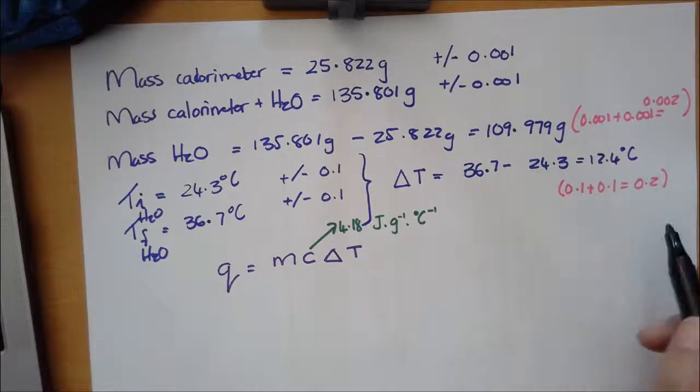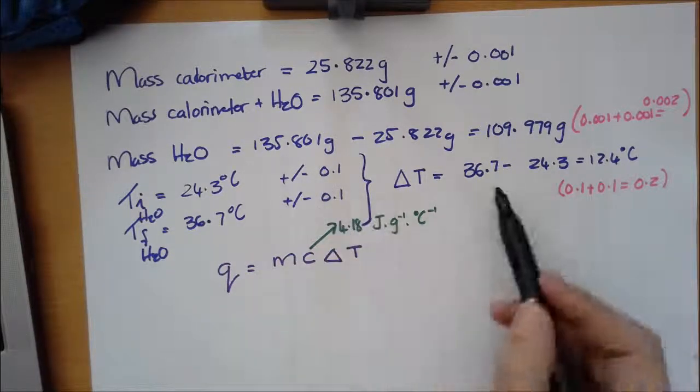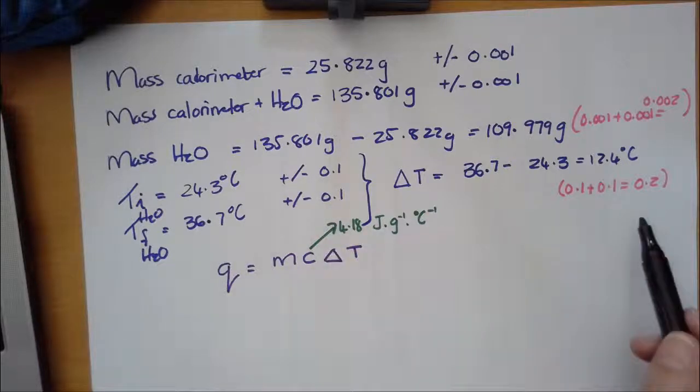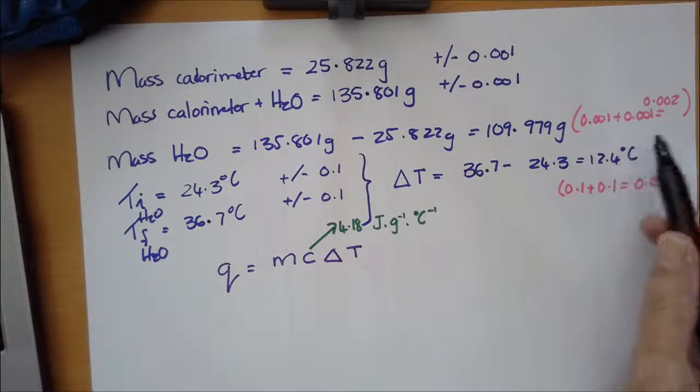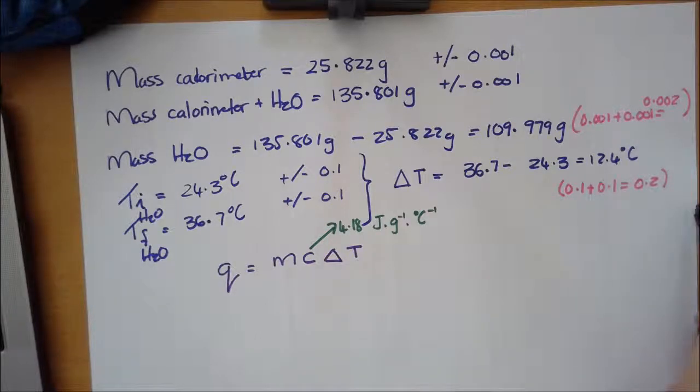My uncertainty for temperature, because I've subtracted, I have to add my uncertainties together, which means my final temperature will be 12.4 degrees Celsius plus 0.2, or it could be 12.4 degrees Celsius minus 0.2. Do you understand? Yeah. Okay.